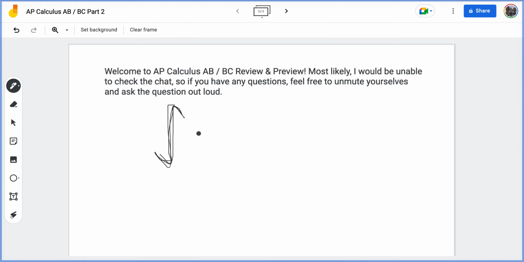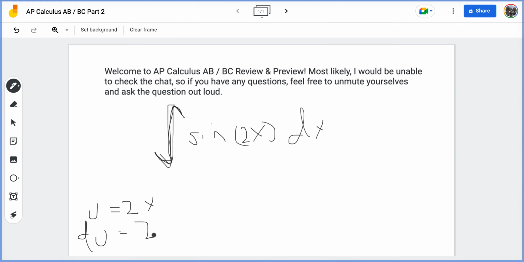So let's say it is sine x squared. Or let's say sine 2x, that would be easier. Sine 2x dx. What you would do is you say u is equal to 2x. So what is du? The derivative of u. It'll be equal to 2 dx.